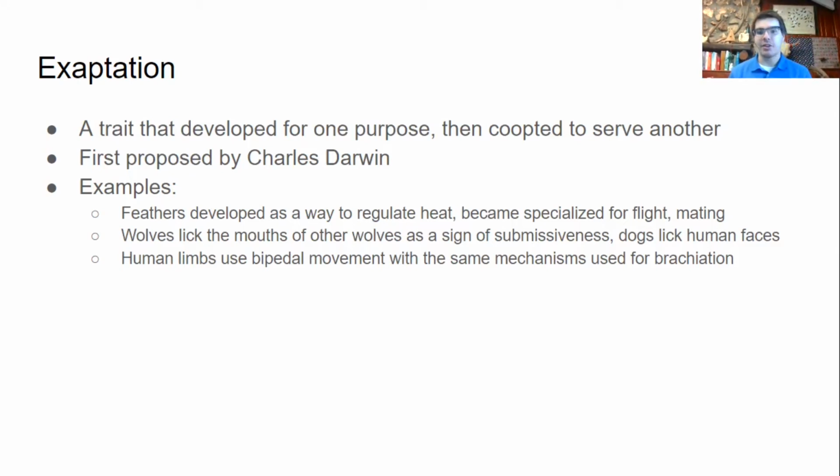And in that exact same vein, us humans use our limbs for bipedal movement. We've got these long legs and these long arms, and we actually are really, really well adapted for brachiation, but we don't do a lot of brachiation. What we do instead is throwing. We use all of these adaptations that we developed for brachiating, for climbing and swinging along trees, and instead use them for throwing.